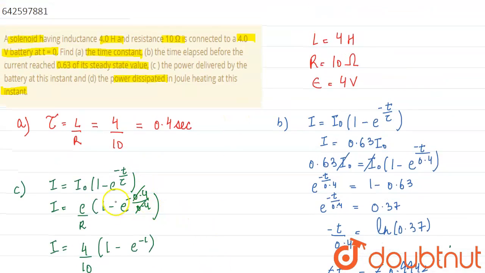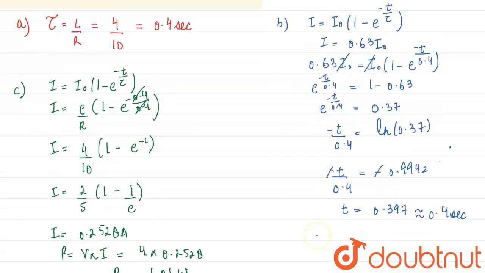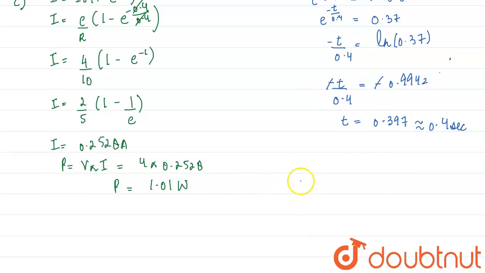Okay, now let's calculate the fourth part. What is the fourth part? The power dissipated in Joule heating at this instant. The power that is dissipated will be the heat, right? So for the fourth part, P is equal to I square R, because the power that is dissipated results in the Joule heating.